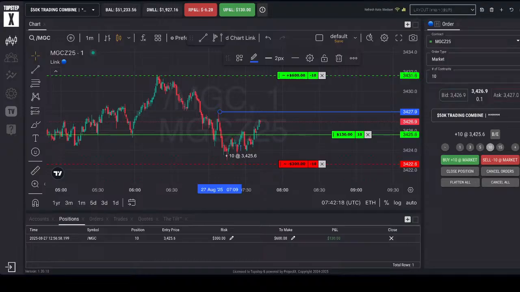Let's see what happens. I'm not looking at any other charts, because if we look at the charts, then we would like to take another trade, and that becomes a huge problem. So I'm not going to do that. So that's that.